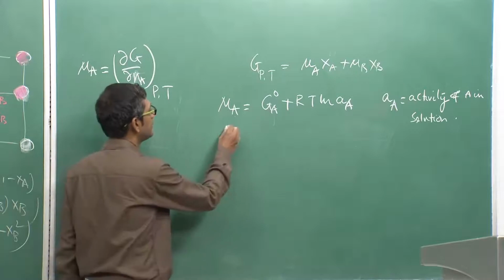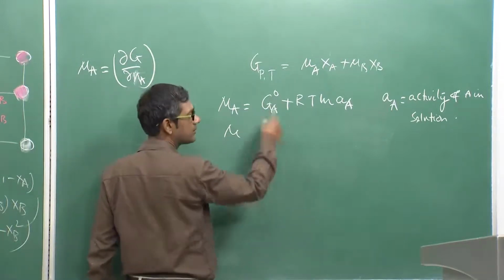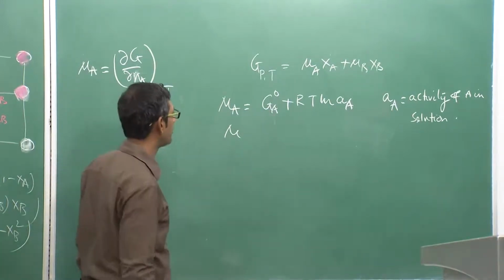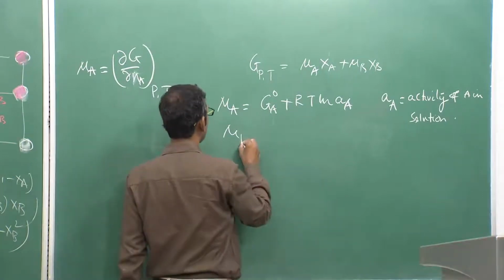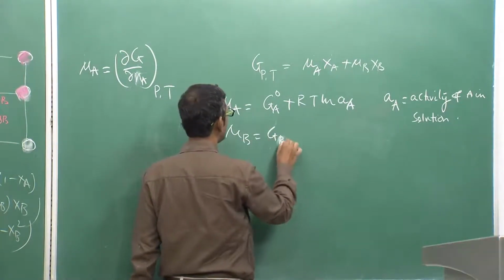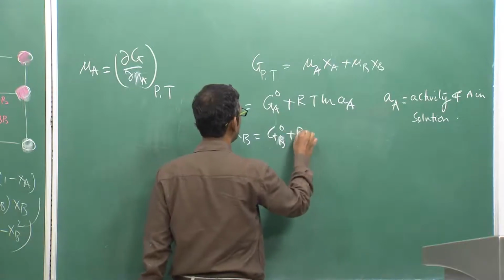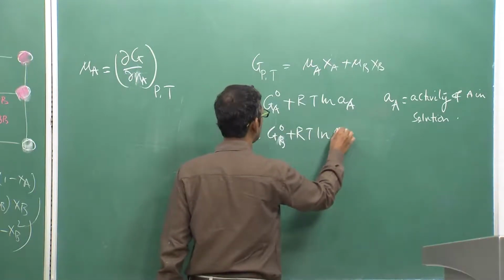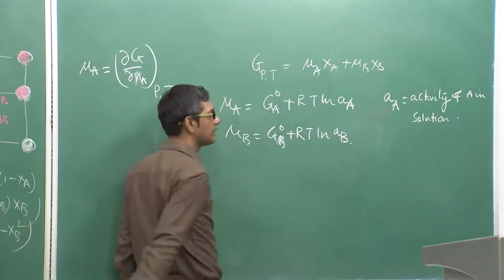And GA0 is the free energy of the pure component, T is the temperature. Similarly, mu B can be written like this.